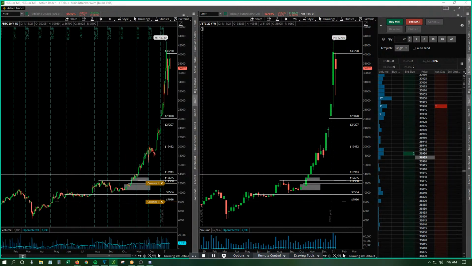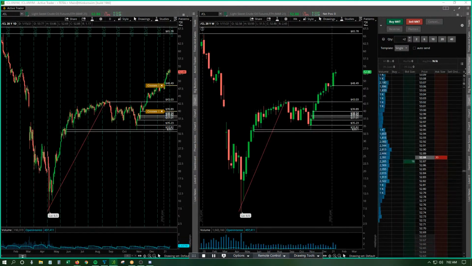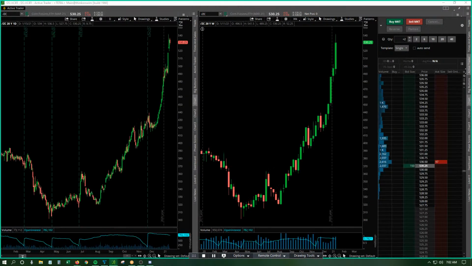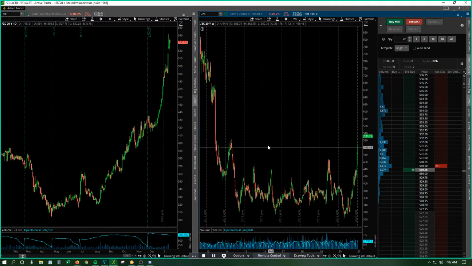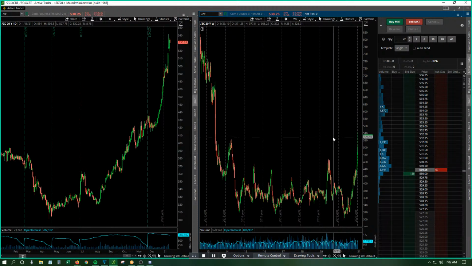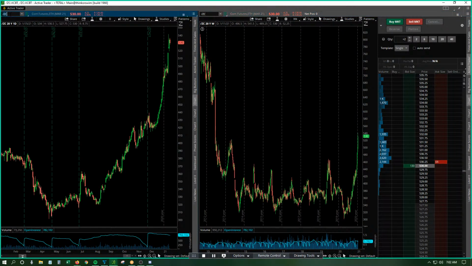Well, I guess Bitcoin is a good one to look at first. Crude oil has popped up, has rallied up, right? Price of corn, multi-year high that we're hitting, up at 540 on corn. Cost of these are going up. That's called inflation.